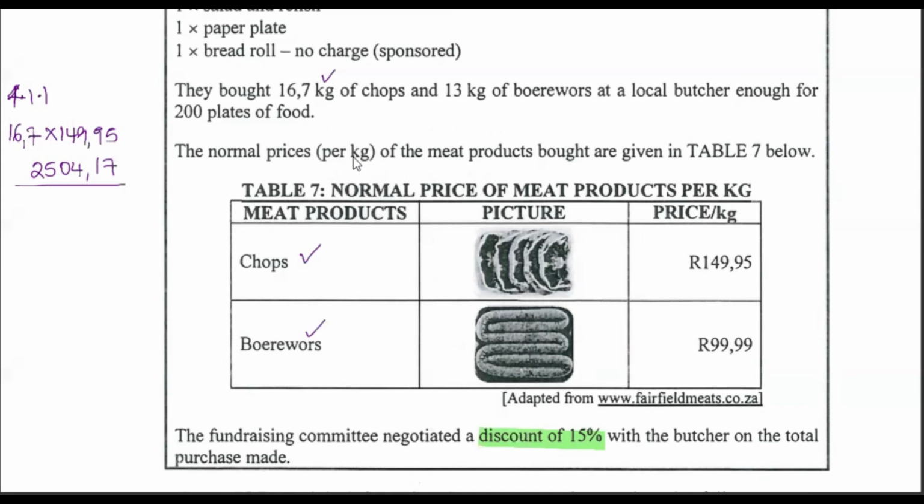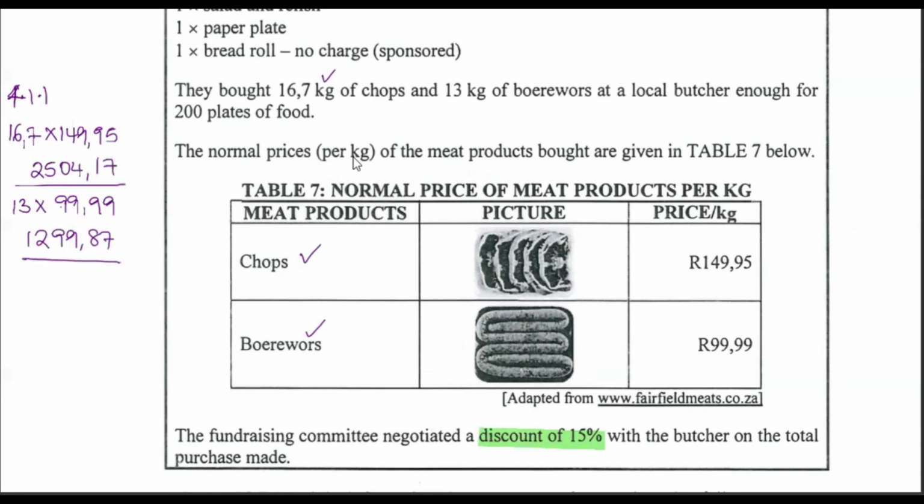Then we go to the boerewors. We say it's 13 kg times 99. So 13 times 99, which is 1,299.87.